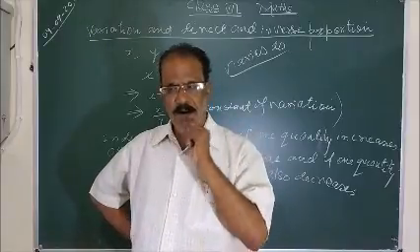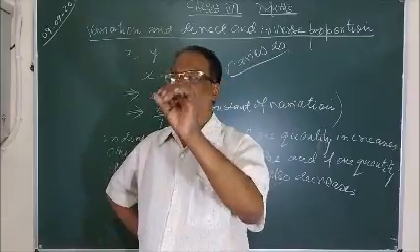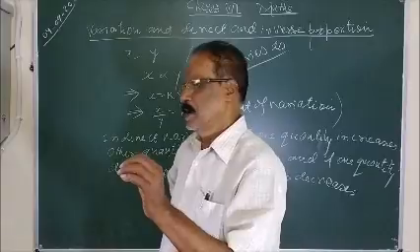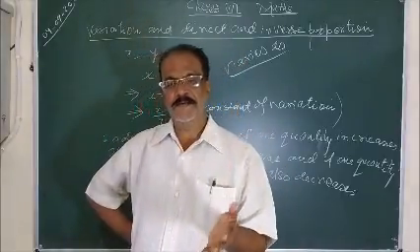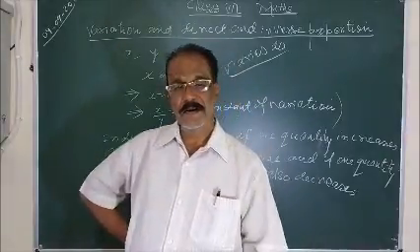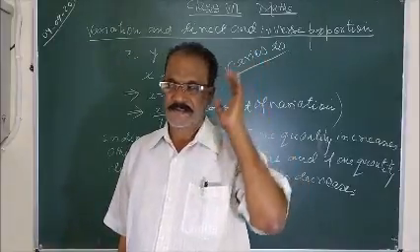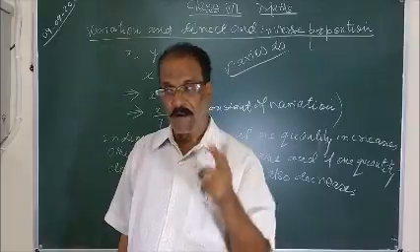Suppose the time taken to cover some distance is 30 minutes. If the speed is 40 kilometers per hour, now can you tell me will the time be more or less?